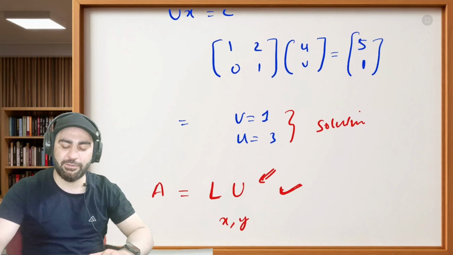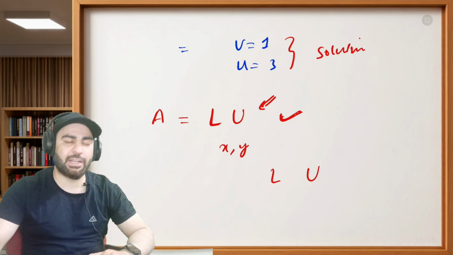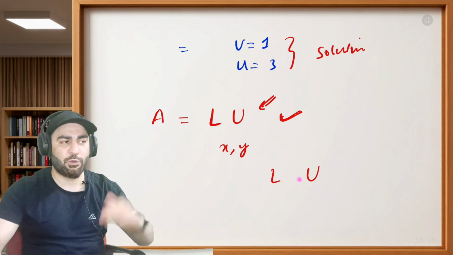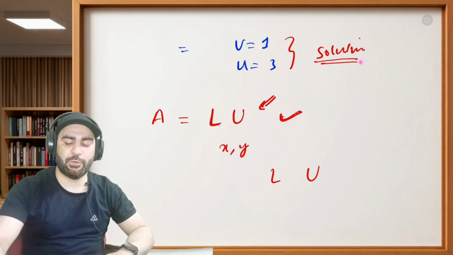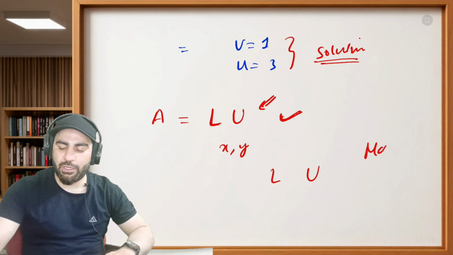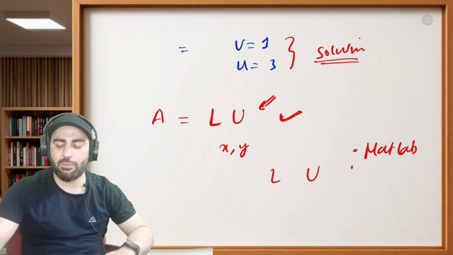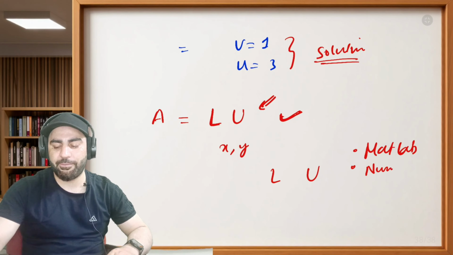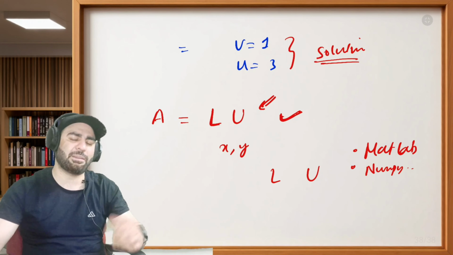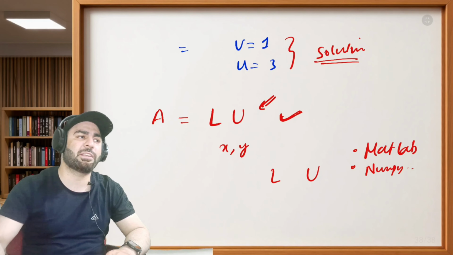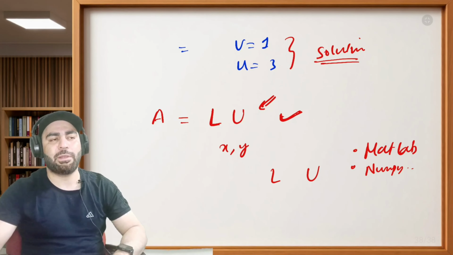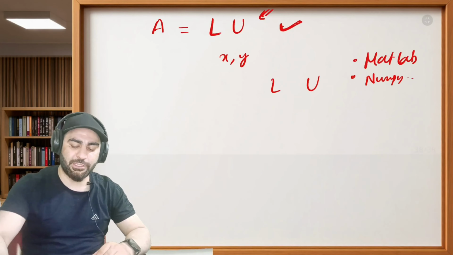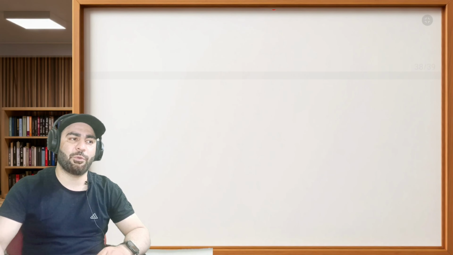It first gets a lower triangular matrix and an upper triangular matrix, and then does forward substitution and backward substitution to get the solution to your equations. That is how it is done in MATLAB, the software that you have. Most probably that's how it is done in NumPy. There might be other methods they use, but this is one of the methods to solve linear equations. The fundamental problem in algebra is to solve linear equations, and that's why we are doing this LU decomposition.